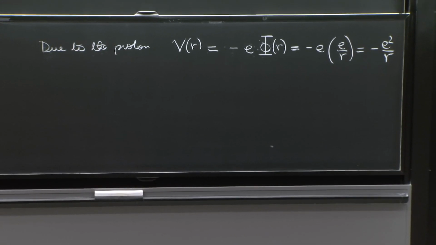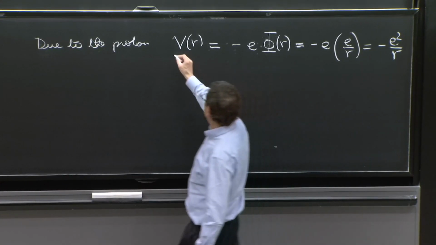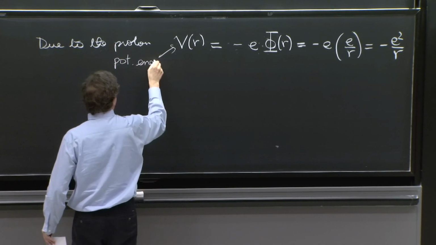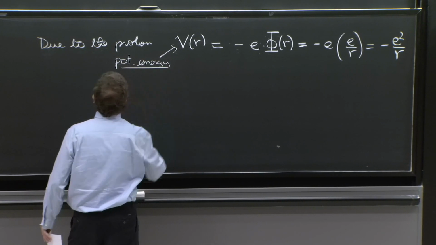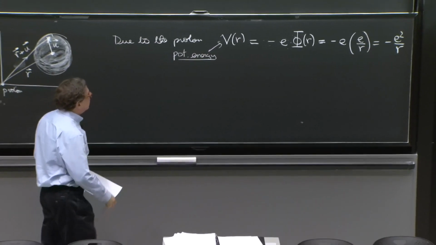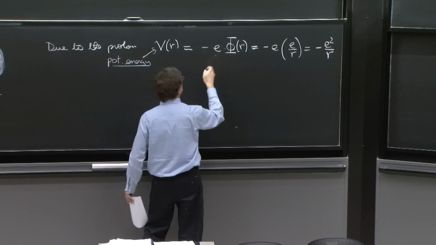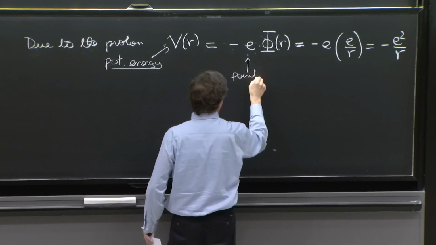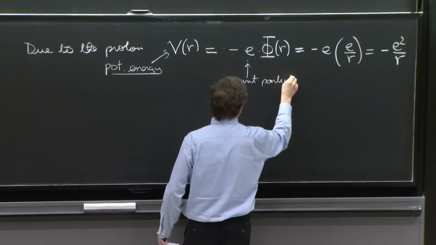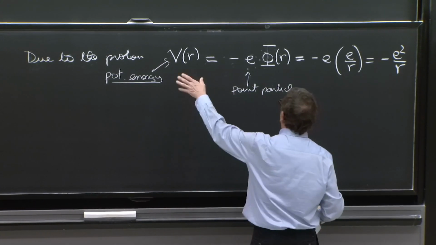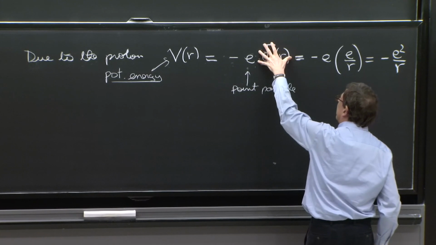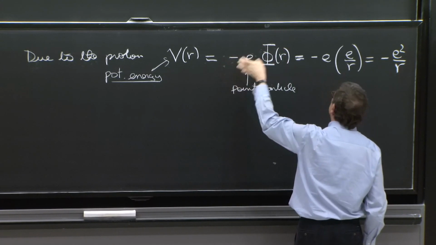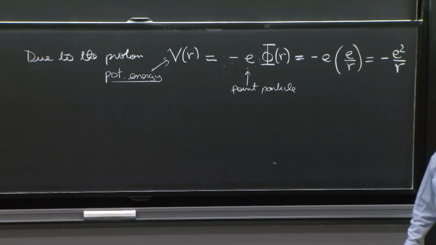So this is the potential energy. If you had a point particle, the proton creates a potential at a distance r. You multiply by the charge, and you get the potential energy.